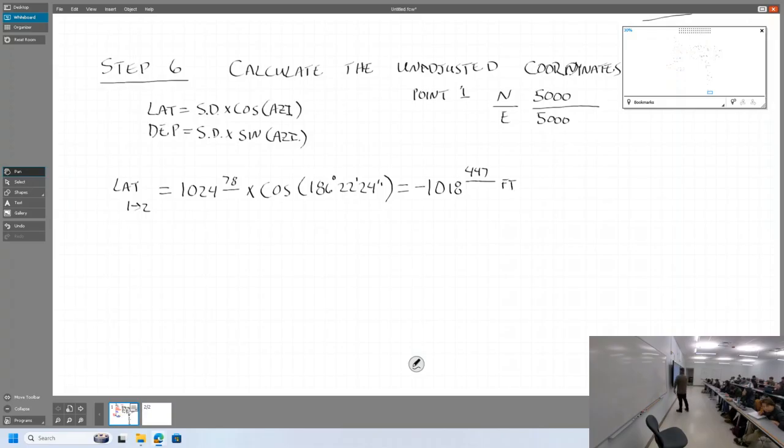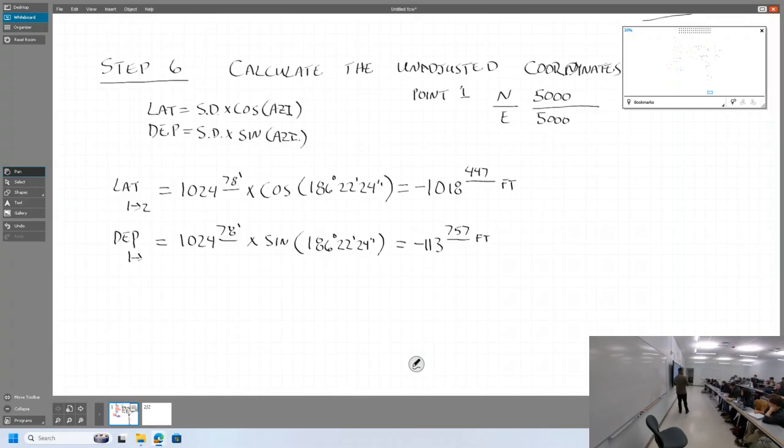The departure is the same slope distance, 1,024.78, times the sine of the exact same azimuth, and we'll get a negative 113.757.